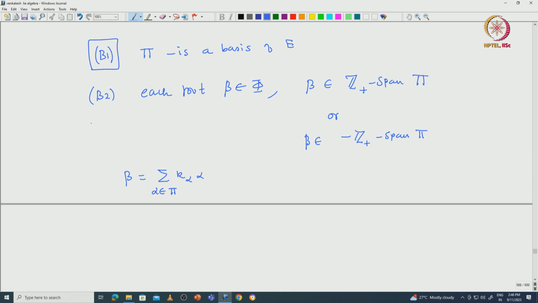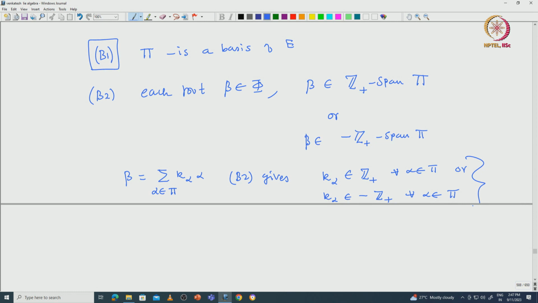What condition B2 demands is that either the k alphas are all non-negative integers for all alpha in pi, or the k alphas are all non-positive integers for all alpha in pi.